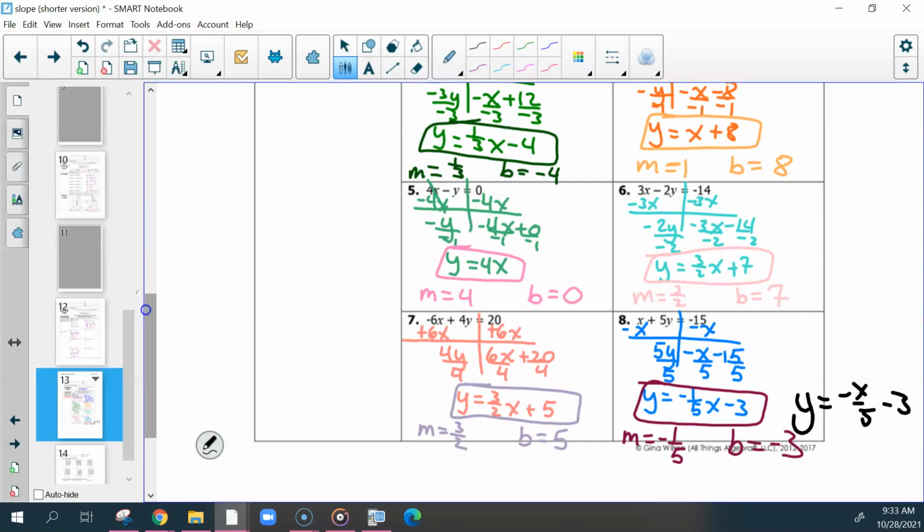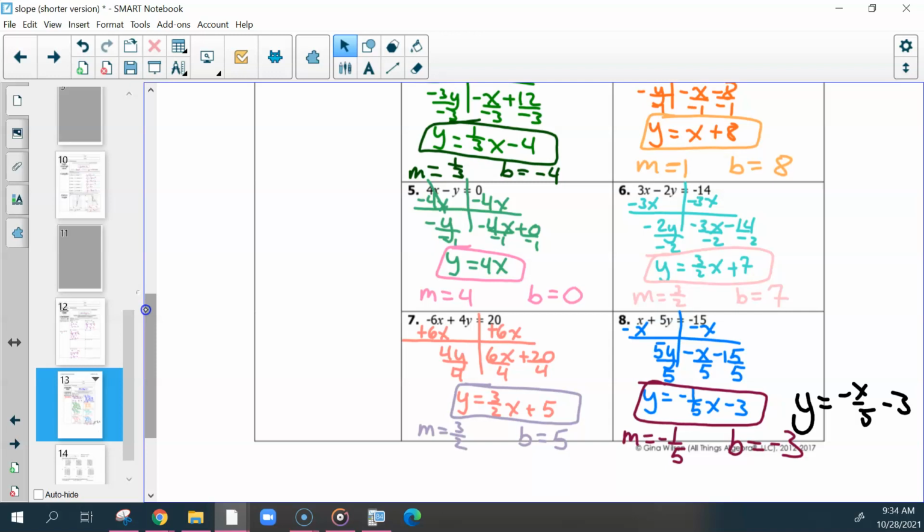So for the remainder of class, you have different things to work on. There are 2 Khan Academies for intercepts due on Friday, from a graph and from an equation. The Delta Math for intercepts was already due, but you can still work on that. You have 3 Khan Academy for slope: 1 from a graph, 1 from 2 points, and then slope-intercept intro, which is really, do you know which one is the slope or the y-intercept?